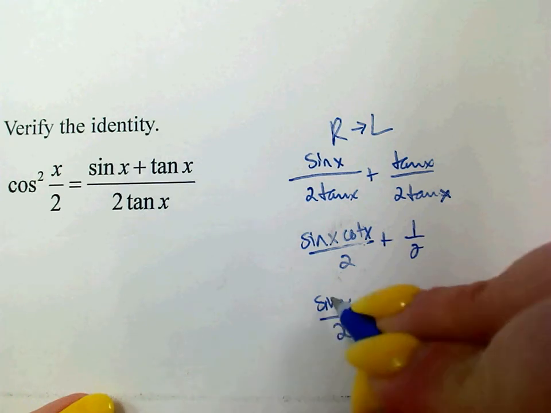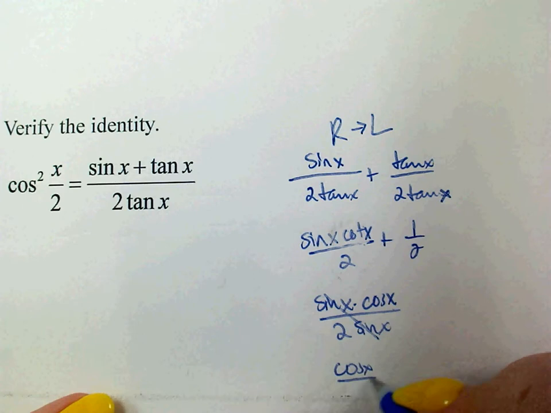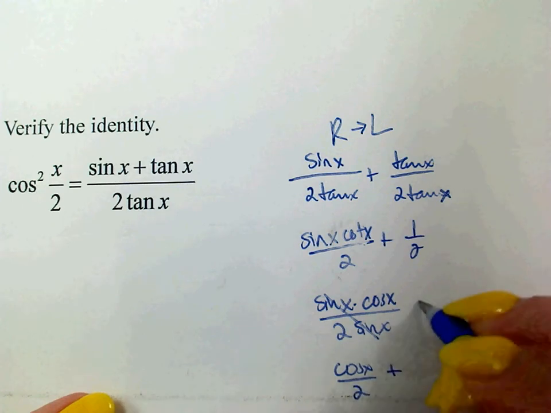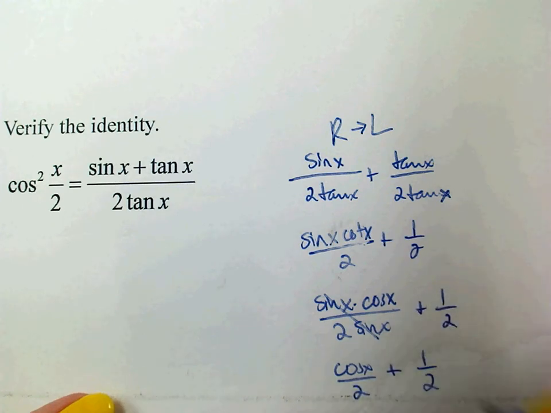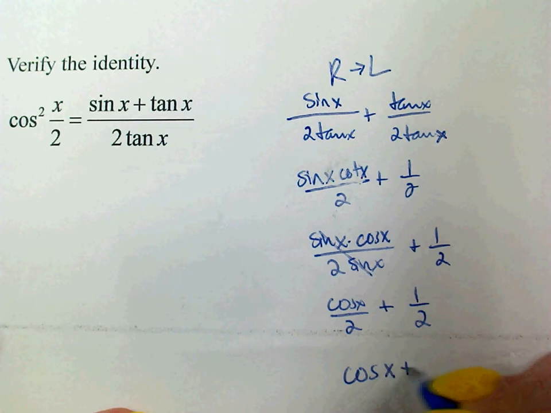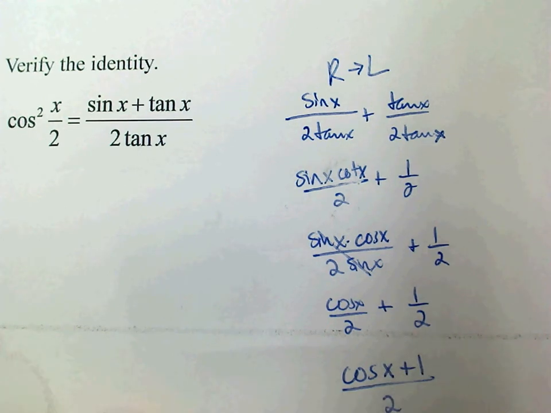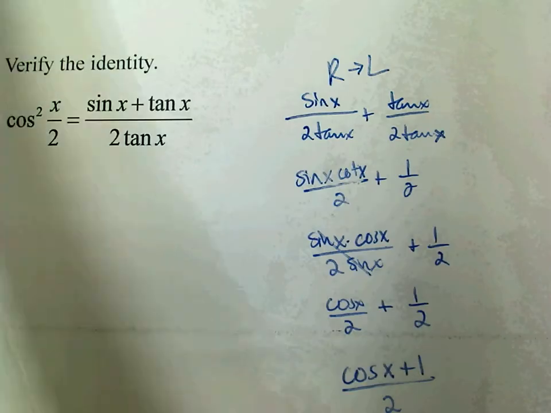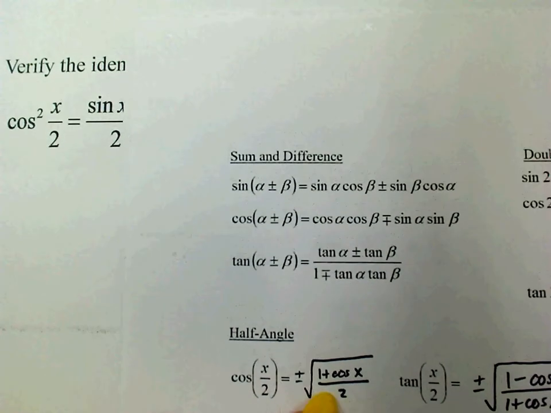Right? Okay, the reason why I was like, well, I might as well just go ahead is because I'm done. Cosine of x plus 1, common denominator 2, that is the interior of this right here. So if I were to just square this right here, then I've got this squared, right?